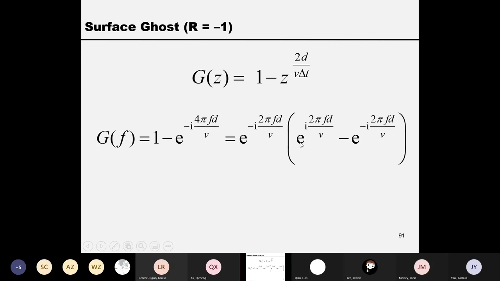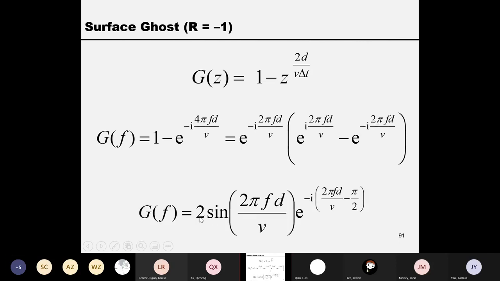So this becomes cosine of this phase plus i sine of this phase, and here cosine of this bit minus i sine. So cosine and cosine cancel, and inside you end up with minus 2i sine of this phase. Where is the i? The i is here, e to the minus i half pi. That's i.